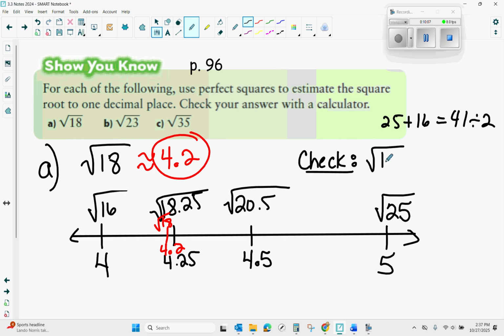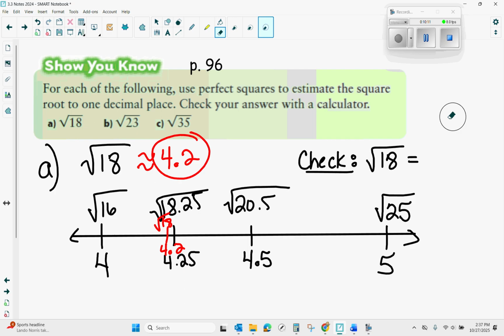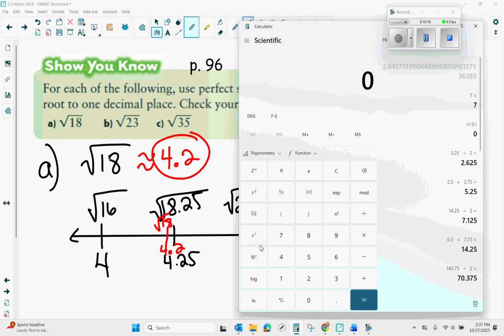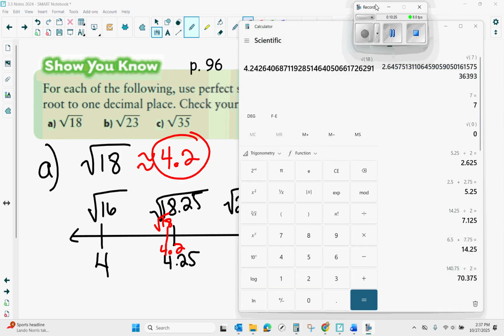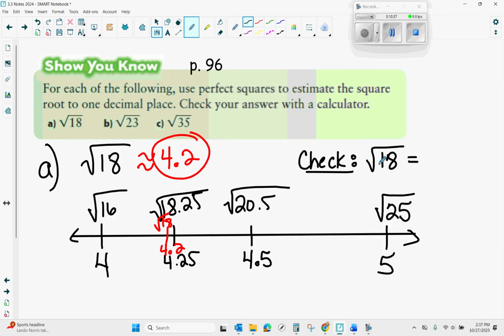Take the square root of 18 on your calculator. 4.24. Again, I'm going to round it, so 4.2. Often they will be the same. Sometimes they might be 0.1 off, but you should be pretty close.